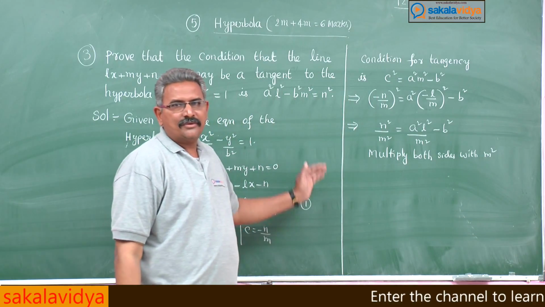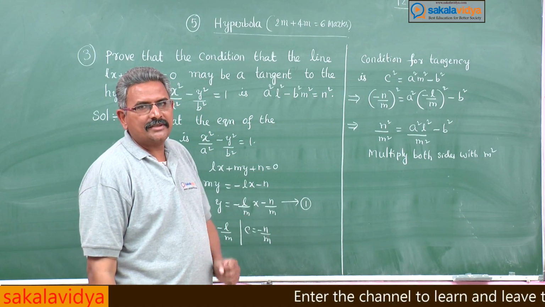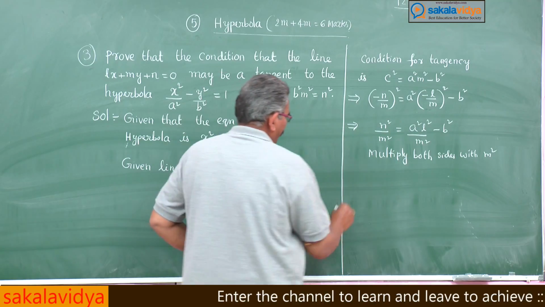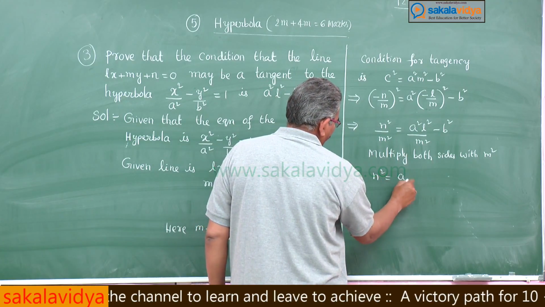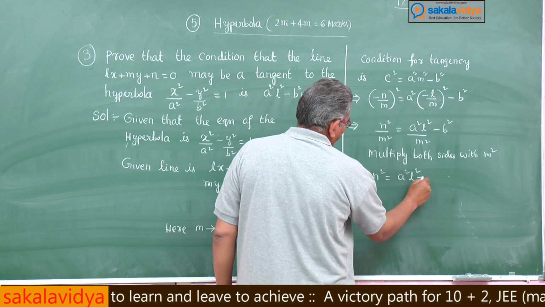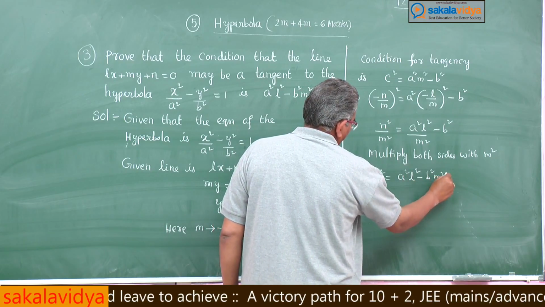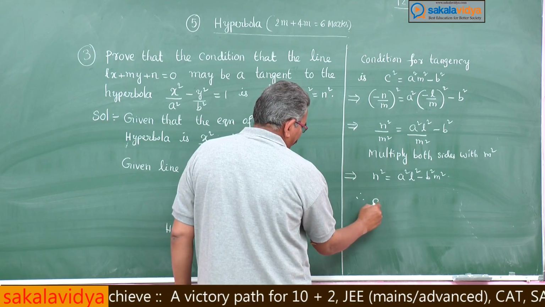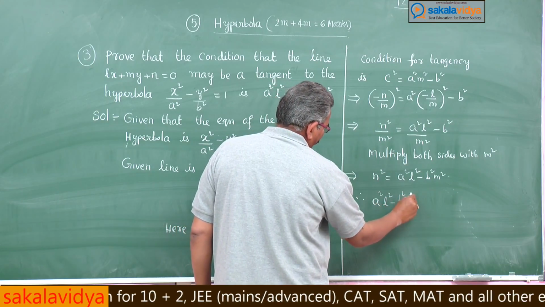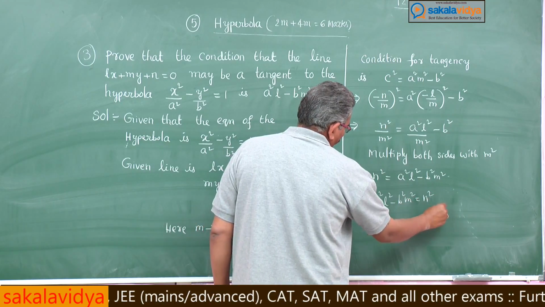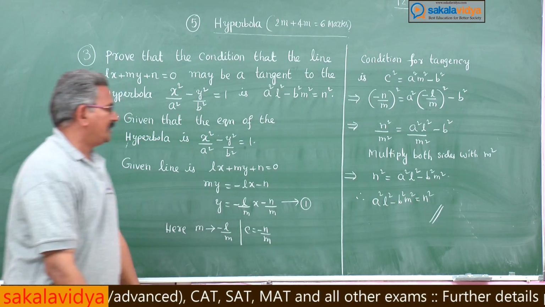If we multiply both sides with m square, what do we get? Here we get n square is equal to a square L square minus b square m square. Therefore, the required condition is a square L square minus b square m square is equal to n square. This is the required condition.